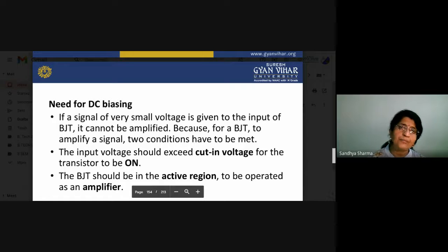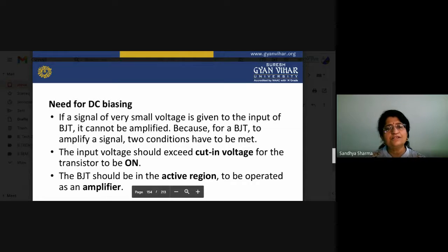If your input signal is less than the cut-in voltage, it will not be amplified properly. So your input signal should exceed the cut-in voltage so that the transistor is in the on state. Otherwise, below the cut-in voltage, the transistor will not be in the on state.